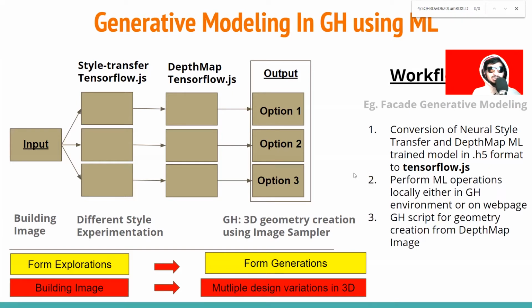Once we have those ML models in JavaScript, the next step would be for our input, we do those machine learning operations locally, either in Grasshopper environment or on a web page. Then lastly, using that output, a GH script would be written to create different geometries from depth map images.